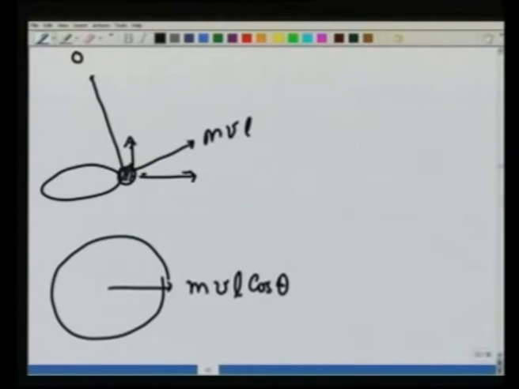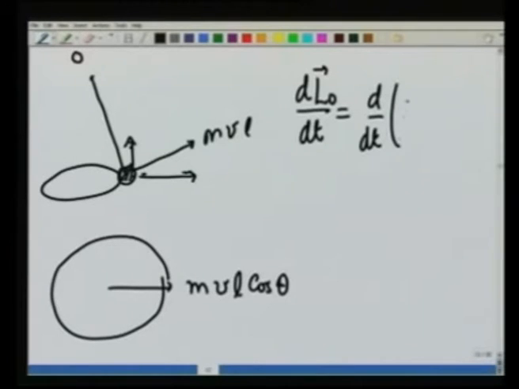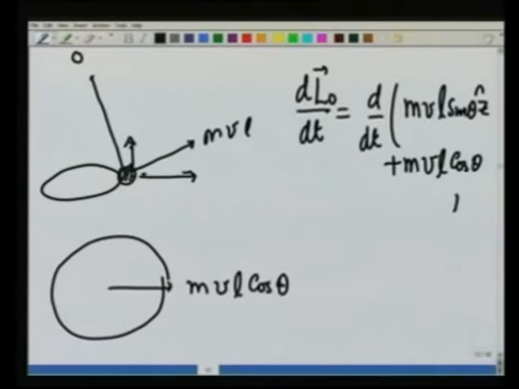You can already sense what dL by dt is going to be. So, dL about O by dt is going to be d over dt of m v L sin theta z plus m v L cosine of theta r.